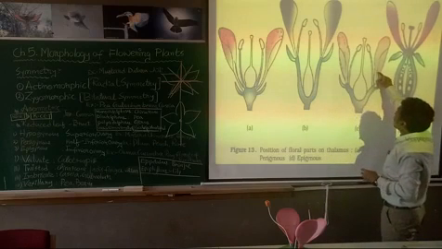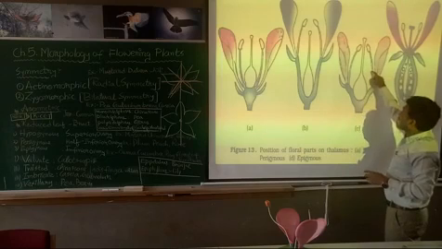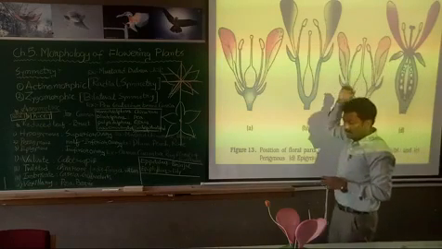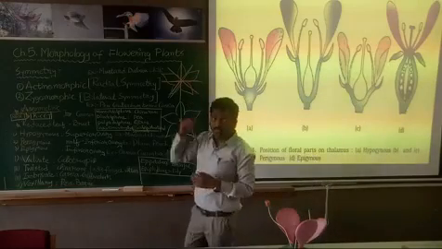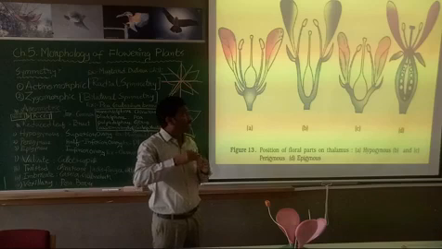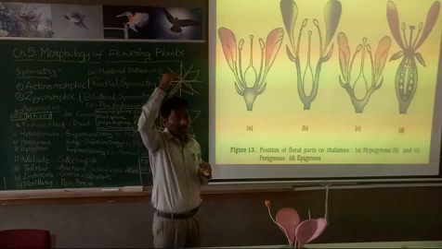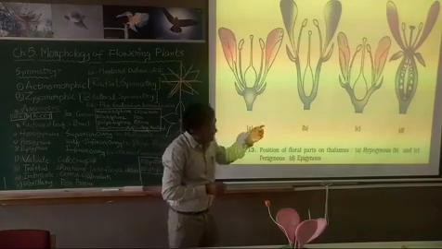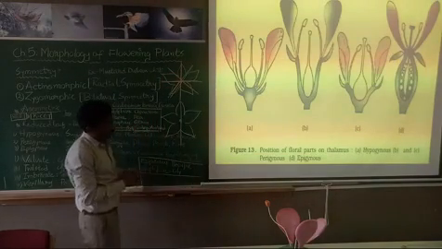Calyx, corolla and androecium. They are exactly at the top of the ovary, above the ovary. So the ovary position is below here and the rest of the floral parts position is above.